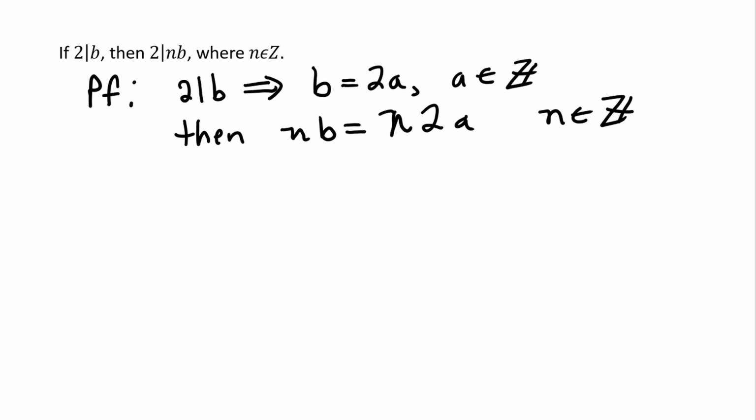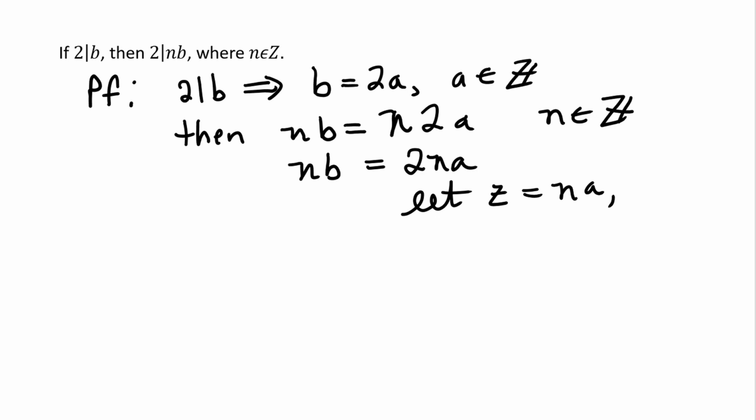Let's apply the commutative property to the expression on the right-hand side. So I'll write this as 2 times n times a, and I'm going to let z take the place of the product n times a, for some z that's obviously an integer. Then we get n times b equals 2 times z.